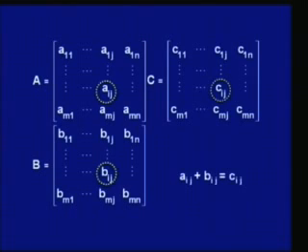So the elements are added element by element, and the typical element Aij of A matrix, which happens to be the ith row jth column element, is added to Bij, and what we get is the element Aij plus Bij. So C is the sum matrix of A matrix and B matrix and is given as this.